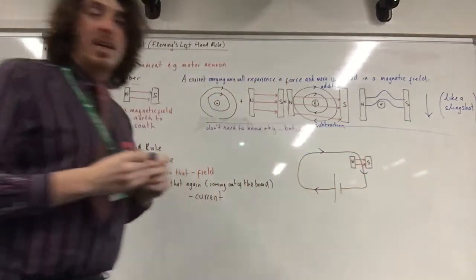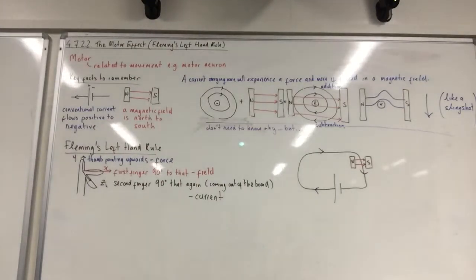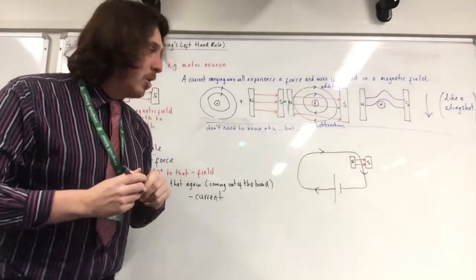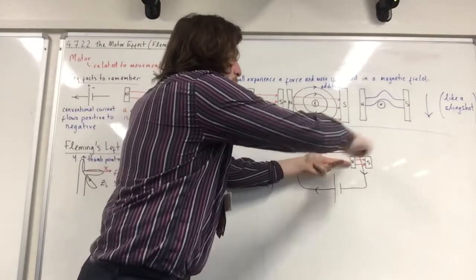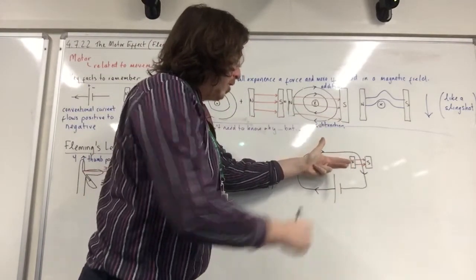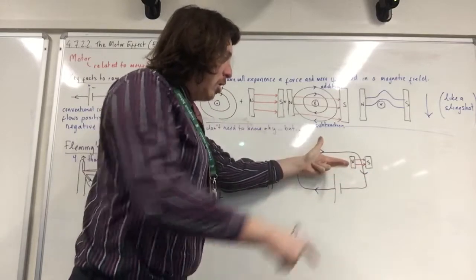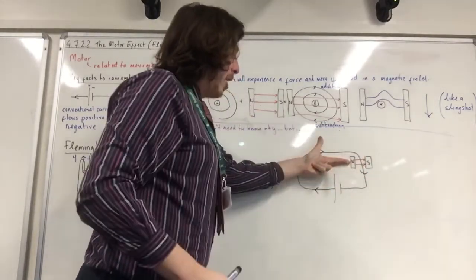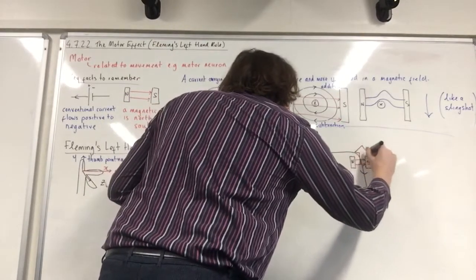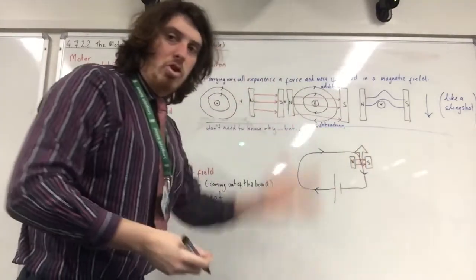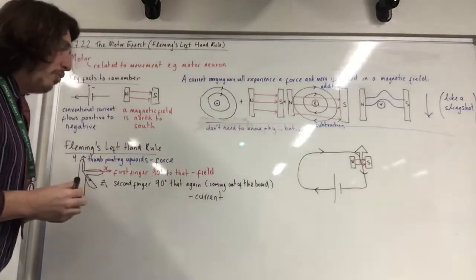For 1 mark in an exam, you may be asked, what direction does the wire move in? So, we've got current, which is flowing this way. We've got a current that's flowing out of the board, and we've got a magnetic field that's flowing that way. My thumb is pointing upwards, therefore the wire would kick upwards and it would jolt in an upwards fashion.